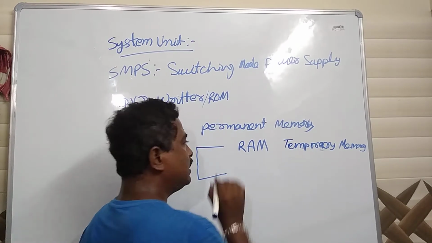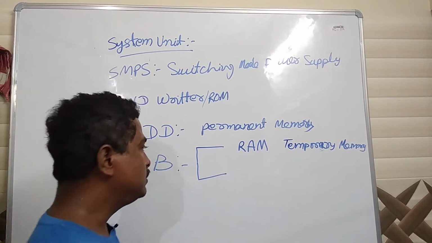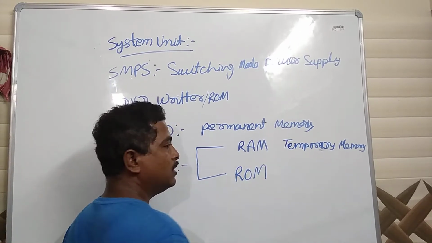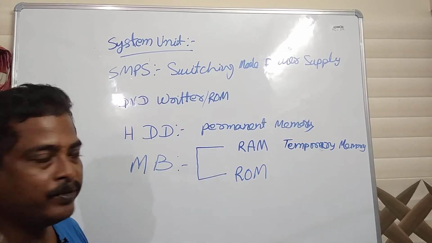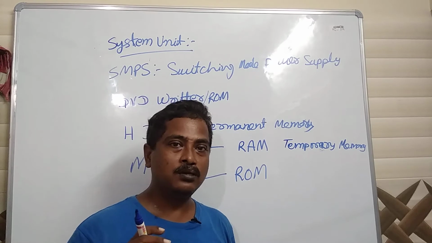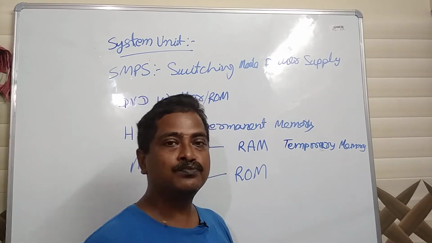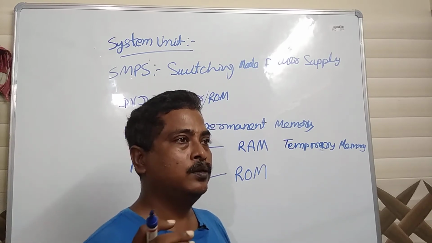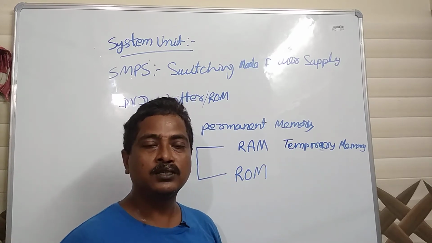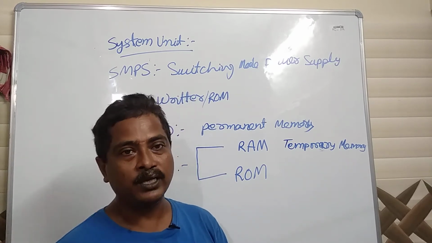After RAM, there is another equipment which is very important, that is ROM, read only memory. It is a chip inside the motherboard which is responsible for checking all the devices of the computer while we are booting.